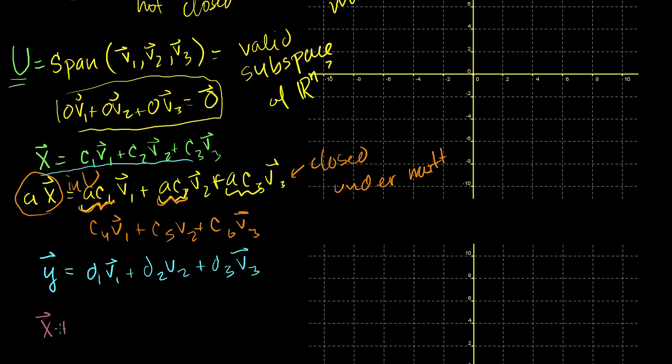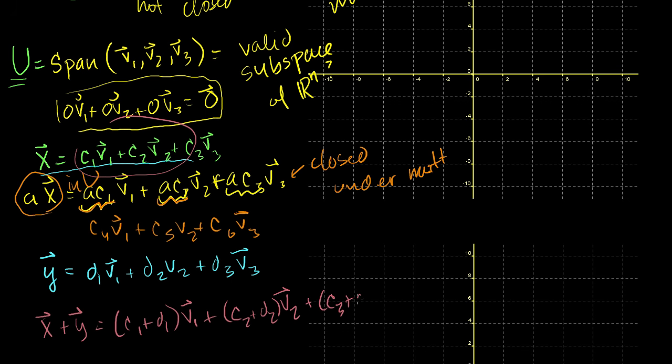Now what is x plus y? If I add these 2 vectors, what are they equal to? Well, x plus y means all of this stuff plus all of this stuff. And so what does that equal? If you add these together, you get c1 plus d1 times v1 plus c2 plus d2 times v2 plus c3 plus d3 times v3.